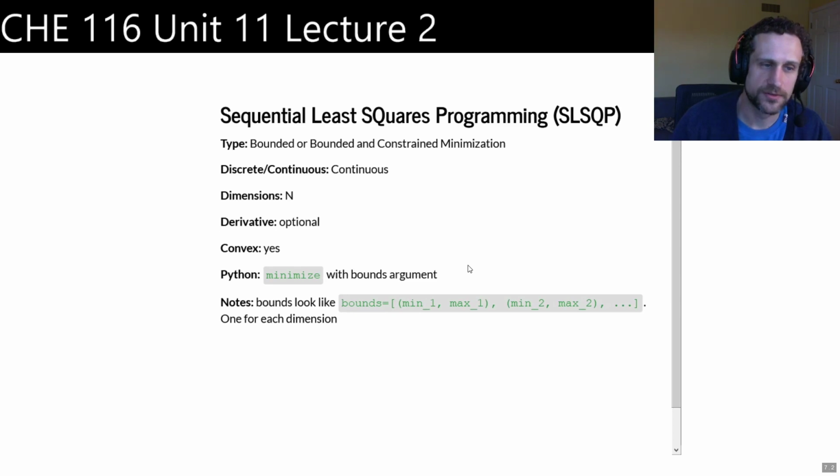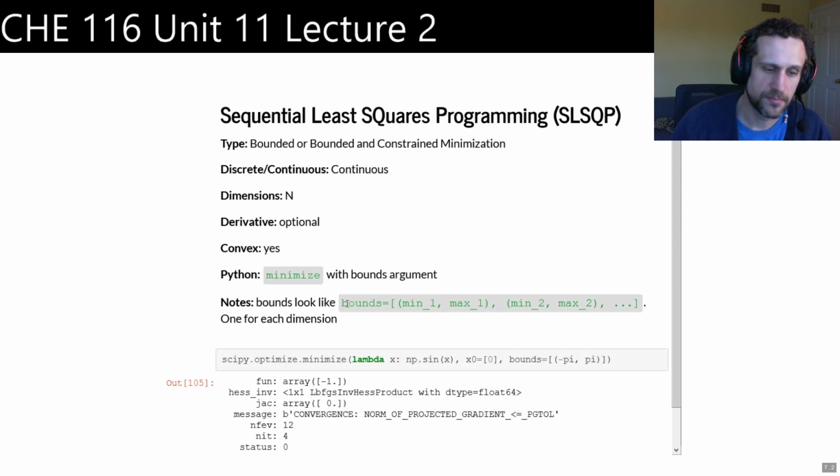So the method we use for this is called sequential least squares programming. Okay, so this is a bounded minimization, and it also can do constrained minimization, but right now we're looking at bounds. The way that we do the bounds is that we pass in a named keyword argument called bounds, and it takes in a list of tuples.